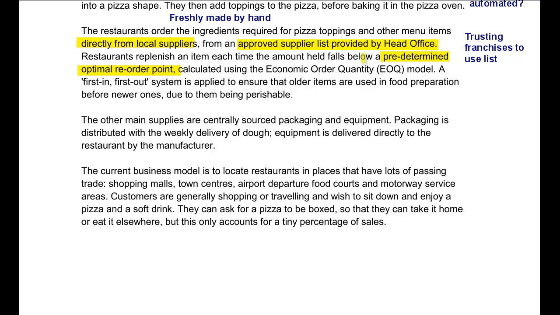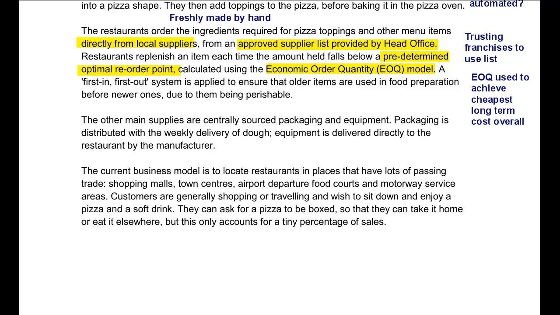And this is all done by using the economic order quantity model, which of course is a great model to calculate a predetermined number to order to give you the best long-term cost overall.